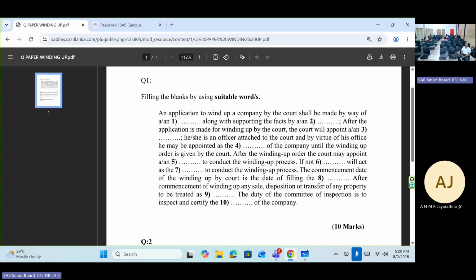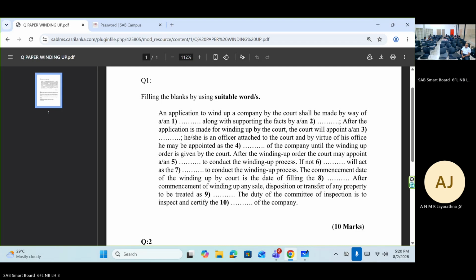Number 8, petition. After commencement of winding up, any sale, disposition, or transfer of any property is to be treated as void.